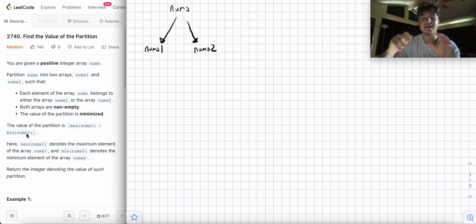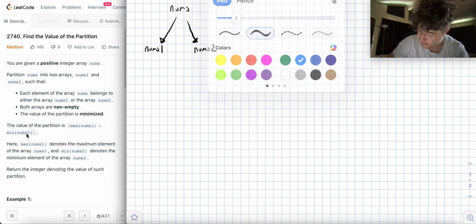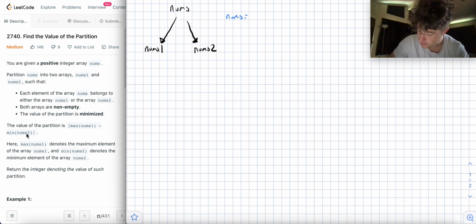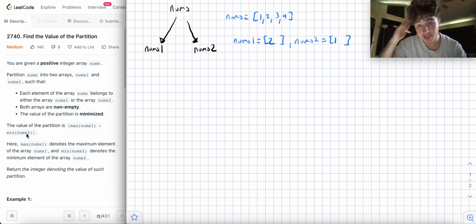So I don't have to split at a certain point. If I have, for example, nums equals 1, 2, 3, 4, I could, in theory, have nums1 and nums2 as such, right? I could put 1 over here, then I could put 2 over here, I could put 3 over here, and I could put 4 over here.